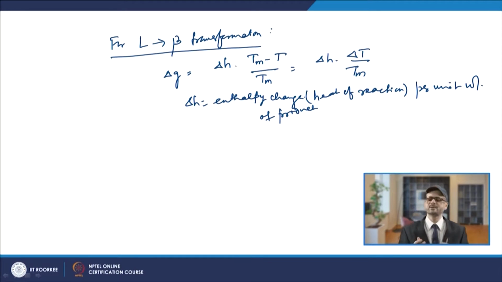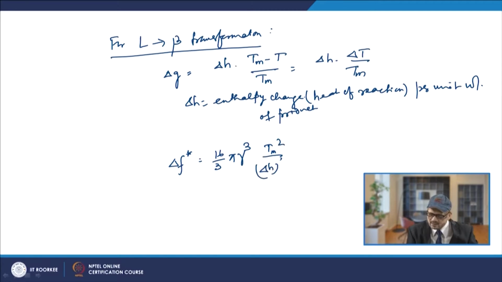It is independent of temperature, and Tm is the equilibrium melting point, and at Tm delta T is 0, so delta G becomes 0. Now, if you use this formula, you get the expression for delta F star, that will be 16 by 3 pi gamma cube and Tm square upon delta H square and delta T square.